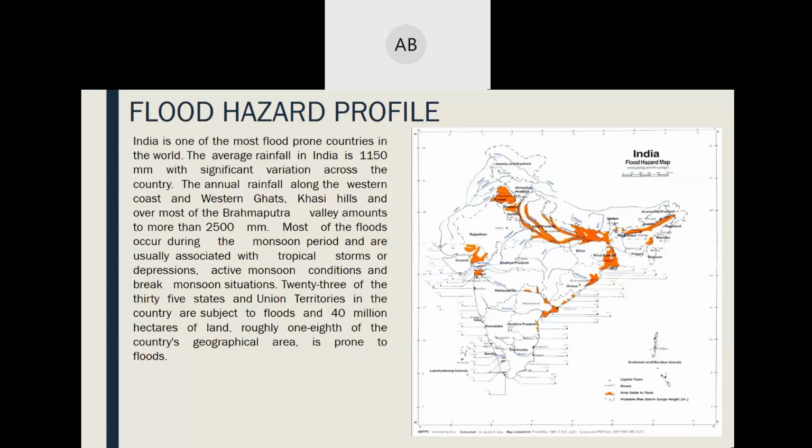Okay, so it also happens towards the northeastern states. The annual rainfall along the western coast and then the Western Ghats, Khasi Hills, and then over most of the Brahmaputra Valley amounts to more than 2,500 millimeters.